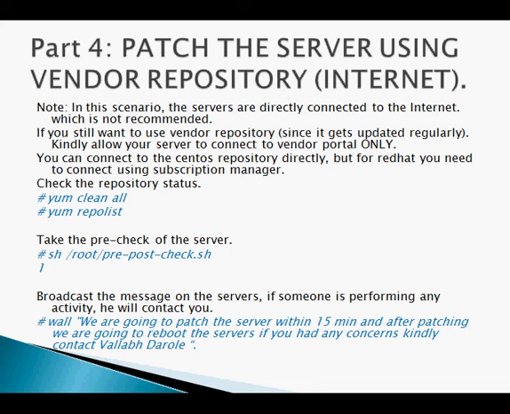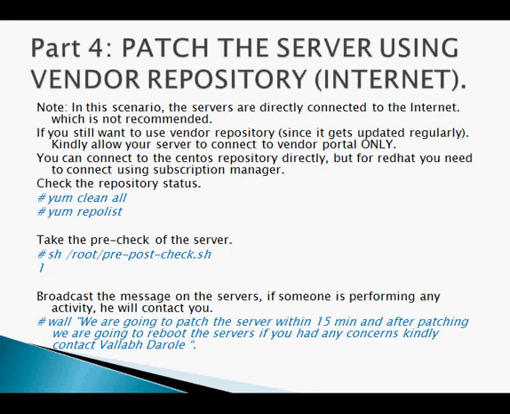Now we will start the patching of the CentOS VM3 servers. That is, let's start the part 4, where the patching of the server using vendor repository, that is internet. In this scenario, we will connect our server directly to the internet, which is not recommended.